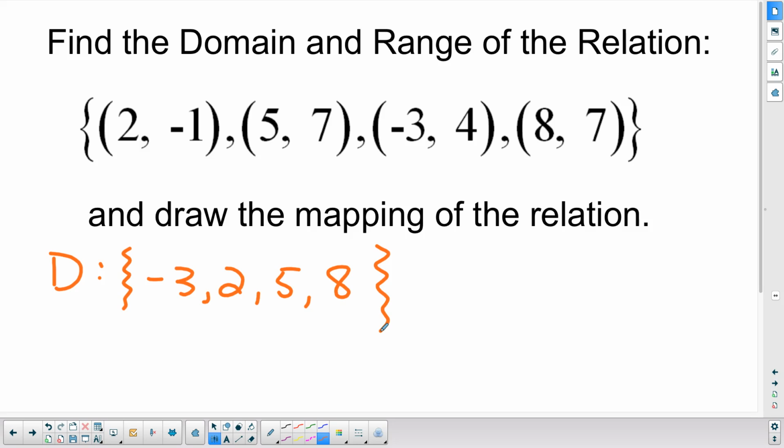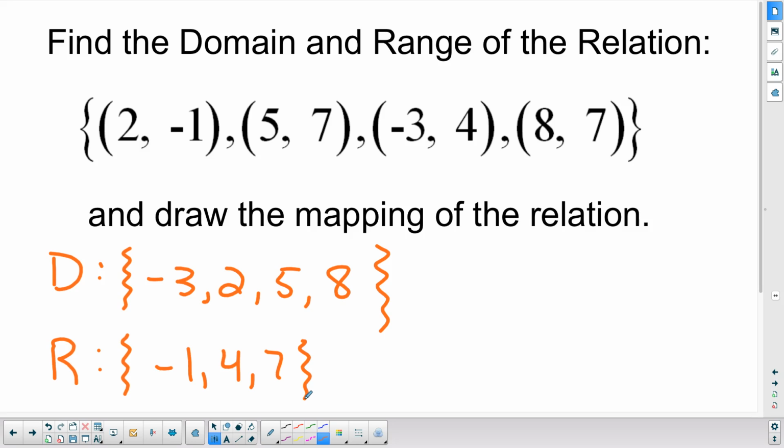Range, then. What is the range of my function or of my relation? -1, 4, and 7. -1, 4, and 7 says Sam. Do we agree with -1, 4, and 7? Yep. Now, what if I wrote -1, 7, 4, and 7?